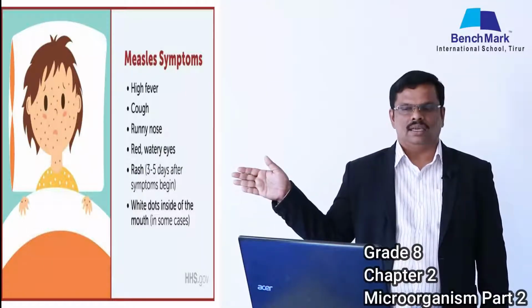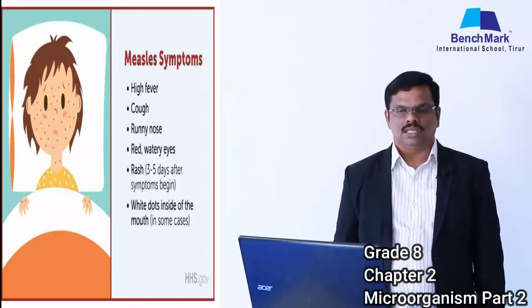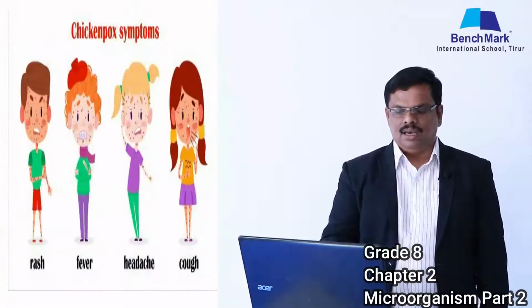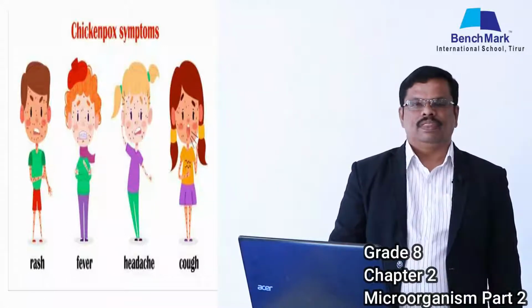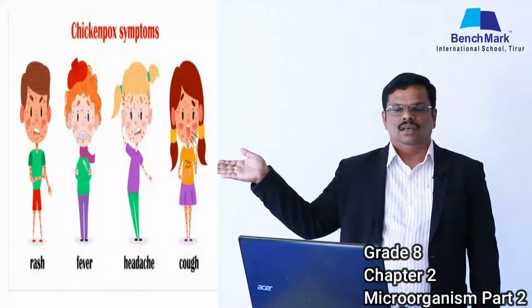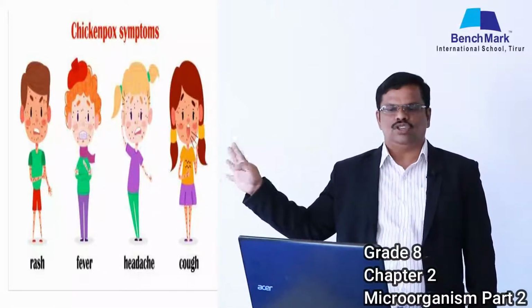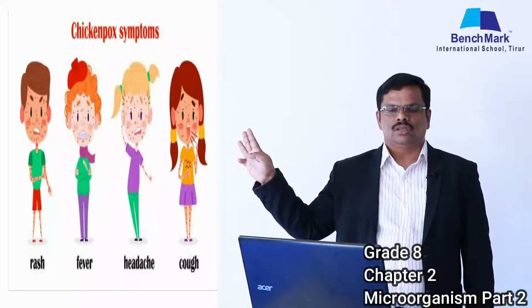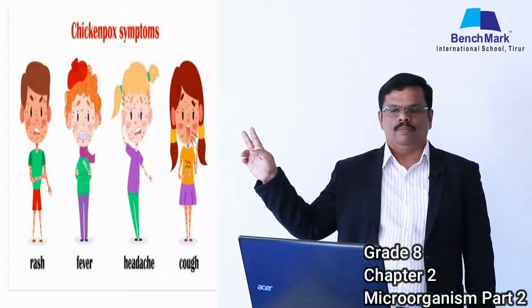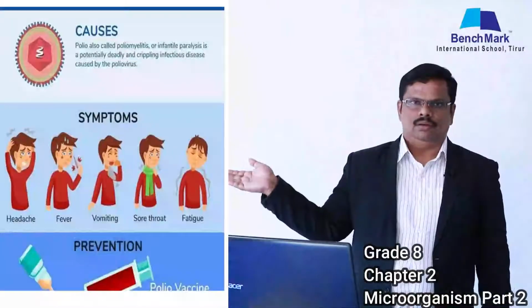So from this slide, you might have understood the symptoms of measles. Next, we are going to see the chickenpox symptoms. The symptoms are shown in 4 pictures: rash, fever, headache, cough.